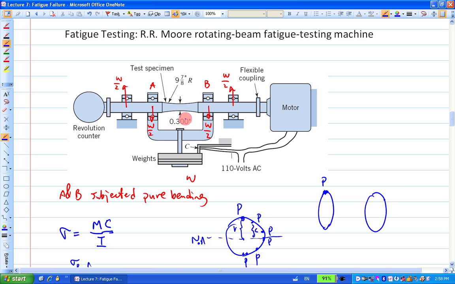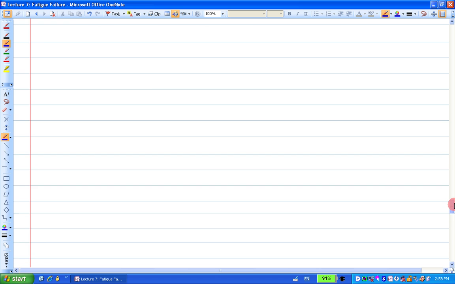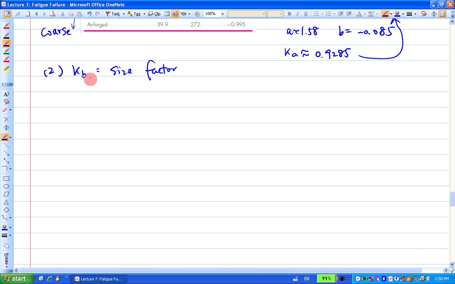That's basically the standard size used in the experiment. If the actual part, the actual shaft or bar, is not 0.3, but smaller or larger, then we have to apply this Kb to modify the Se prime. So here's a Kb formula.